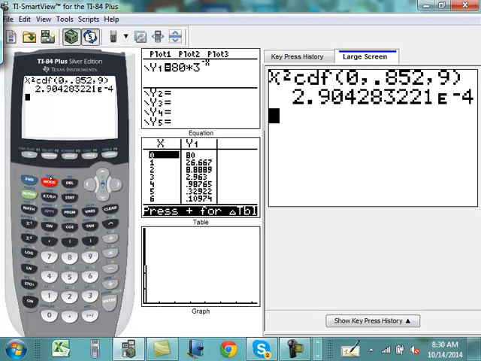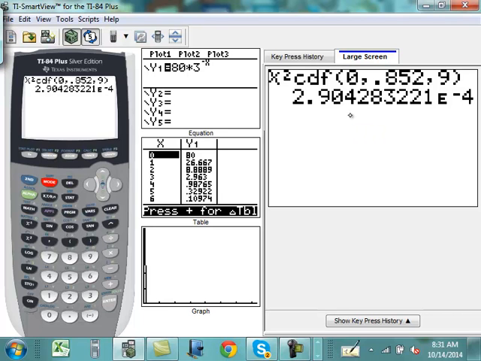Okay, but I showed you how to use the CDF function, how to calculate the area under the curve under the null hypothesis, and that's going to be your p-value. And notice on the PowerPoint, you can't see it right now, but it says p is equal to 2.897435436 times 10 to the negative fourth power, versus my calculation of 2.904283221 times 10 to the negative fourth power.